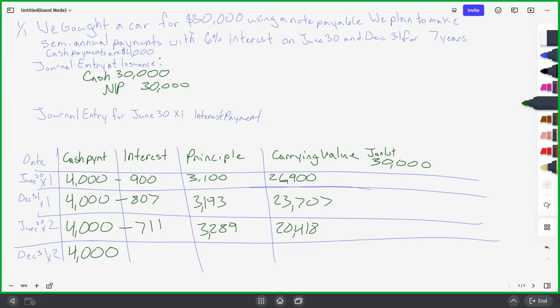All right, what about the last one? 613? And so on and so forth. Basically, keep doing this, rinse and repeat twice a year.